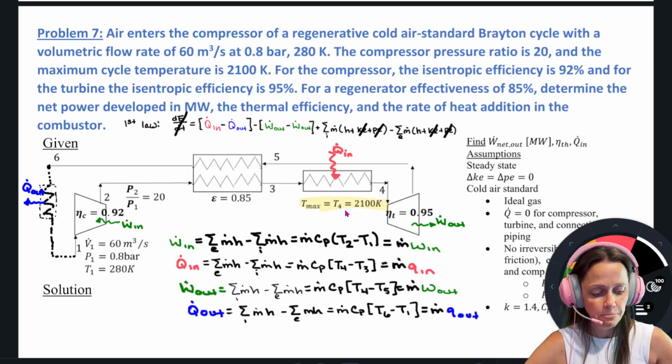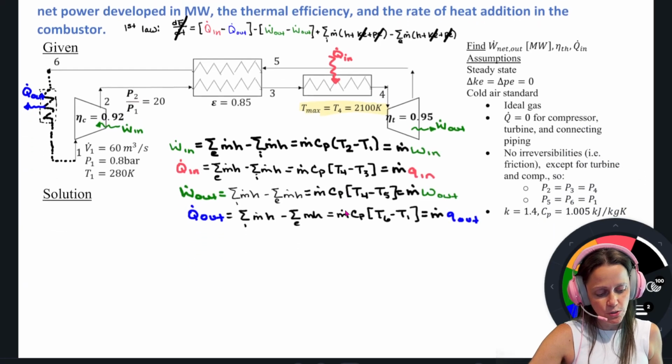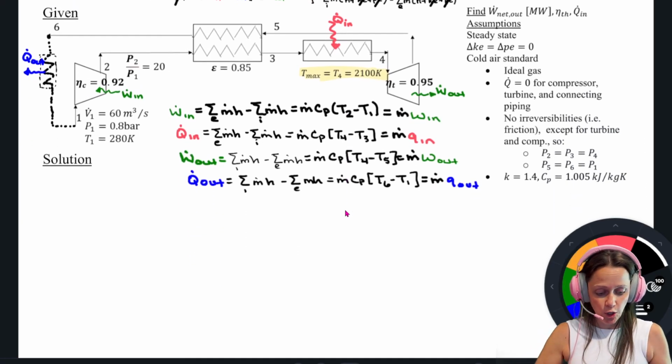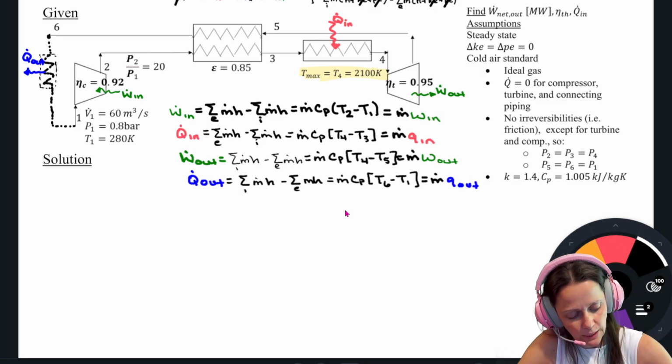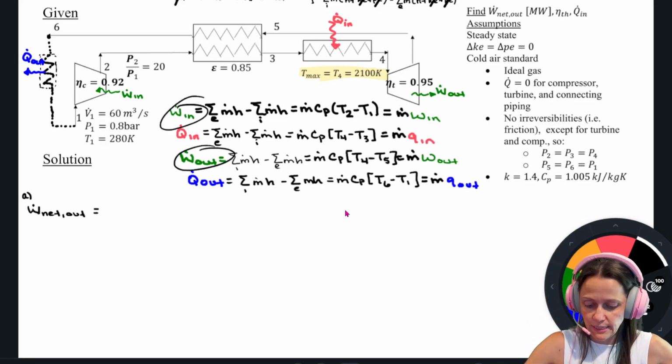All right. First thing I'm supposed to do is get W dot net out. So let's start getting our equation for that. We've done all the hard work, really. So this is W dot net out. It is any of the W dot out minus any of the W dot in.